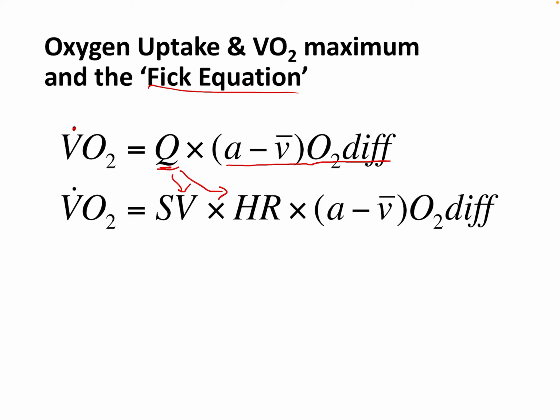So when cardiac output increases during exercise, more oxygen is being transported to the working muscles. But our muscle needs a high level of capillarization for a large volume of blood to be delivered to it.